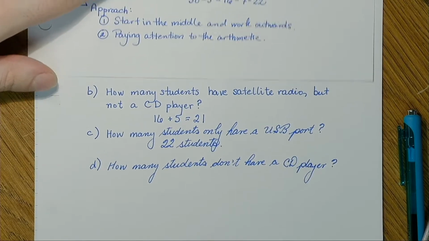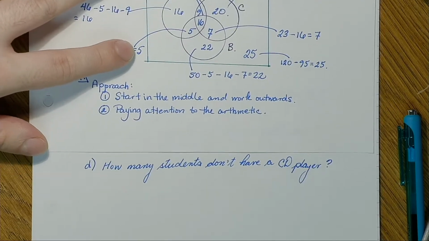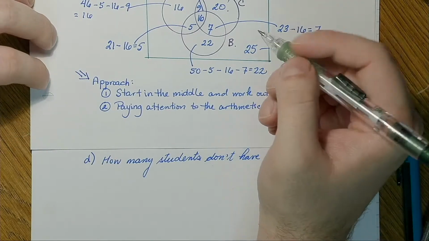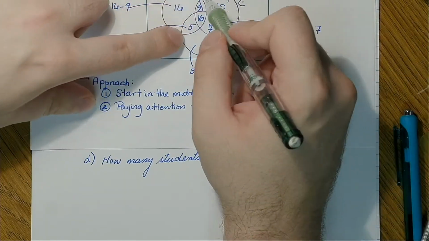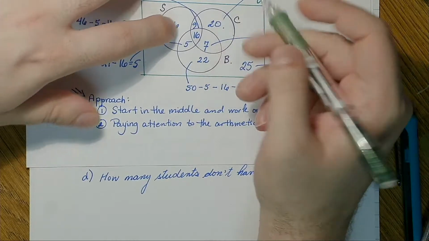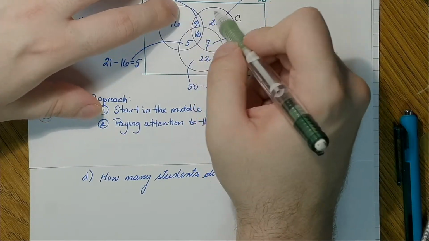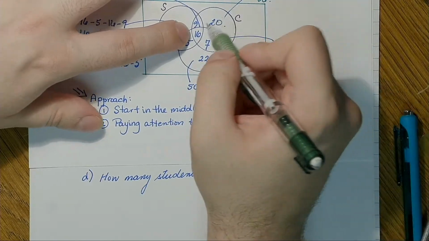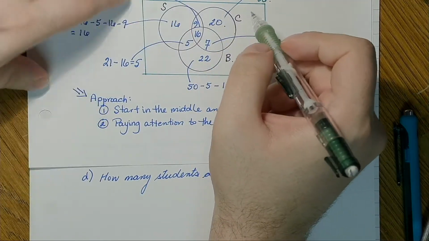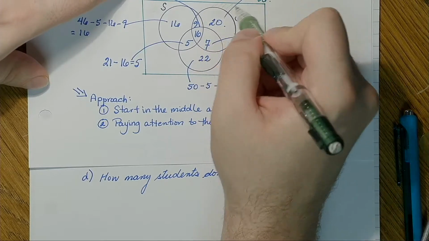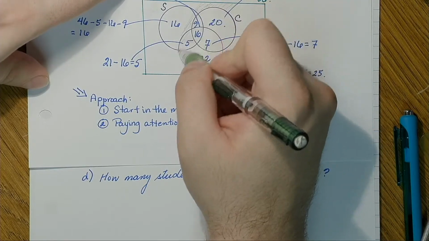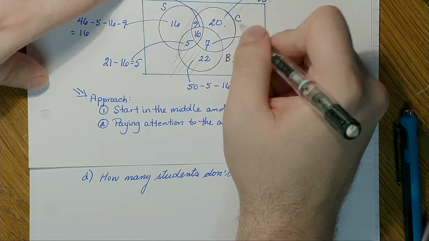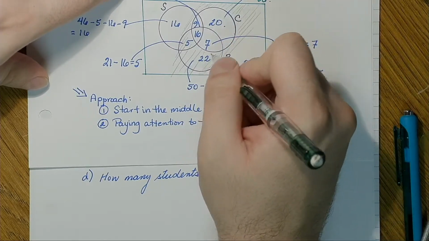So if they don't have a CD player, here is the set of CD player. So there's what it is, but it's don't have it. So it'd be everything outside of it. It's the complement of that set. So it's everything outside of it.